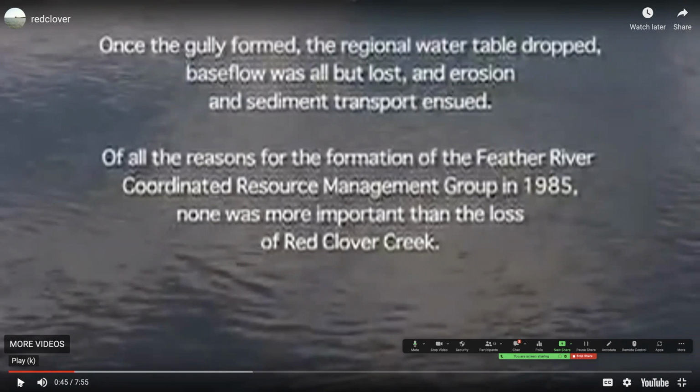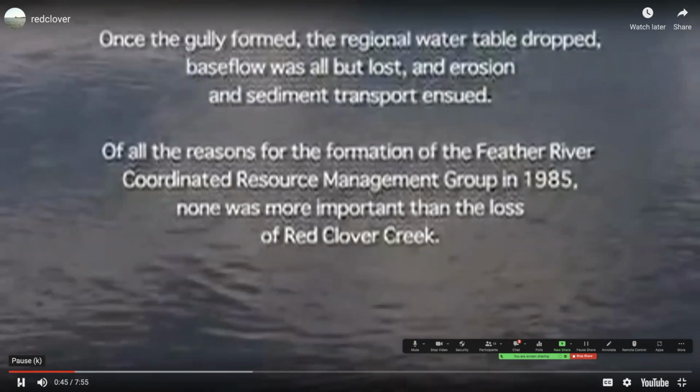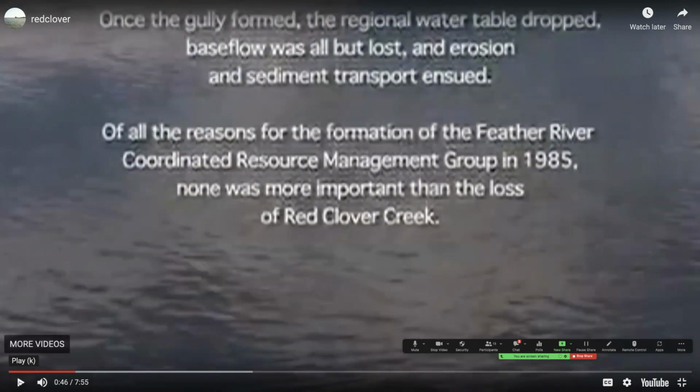Bad luck is always there, bad luck or good luck. But when you put together bad management and bad luck, then you get a disaster, which is what they got at Red Clover. Fortunately, though, they had a lot of people with good foresight, and they created this Feather River Coordinated Resource Management Group in 1985.